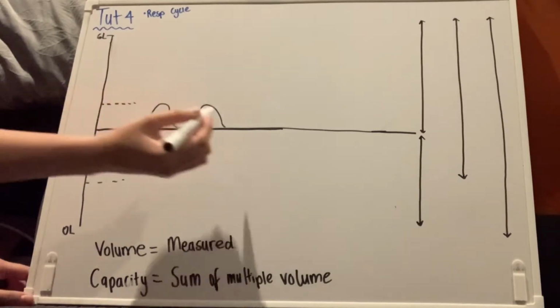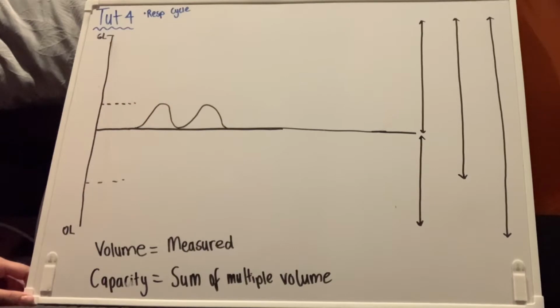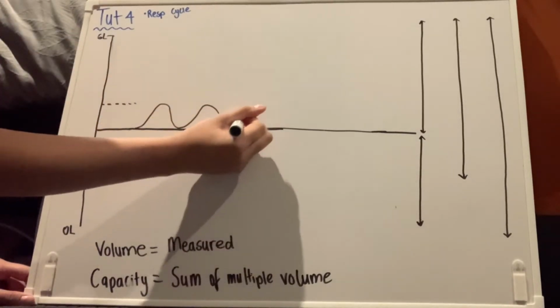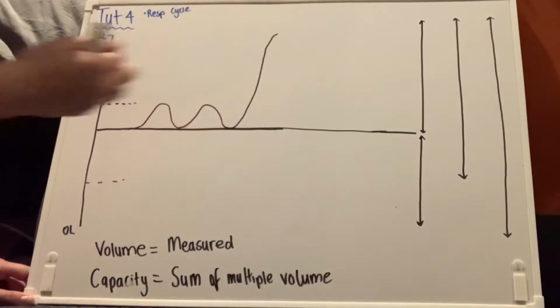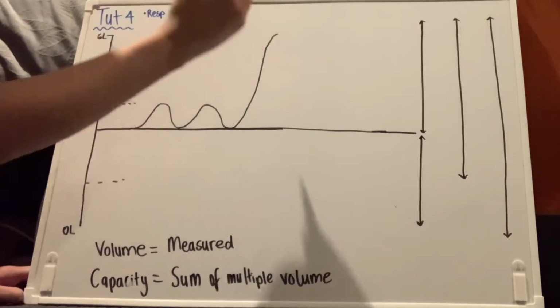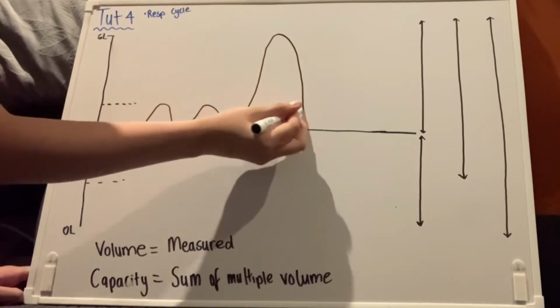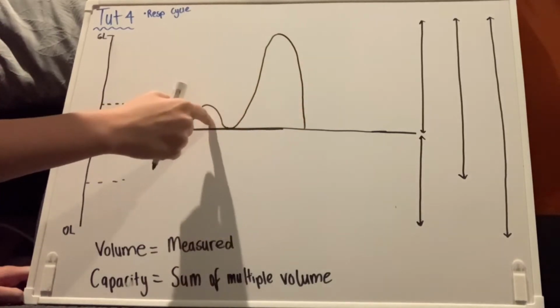And then if you would come here, and then all of a sudden you need more air, you inhale as much as you can. That goes all the way up because you're inhaling as much air as you can. Now, when you let that air back out, you exhale and you come back down to this normal line.